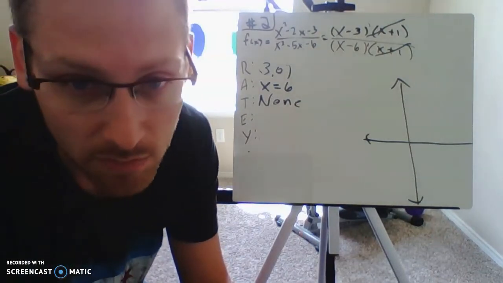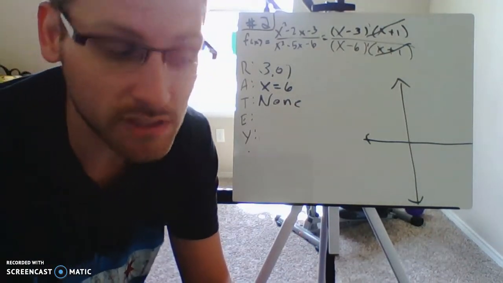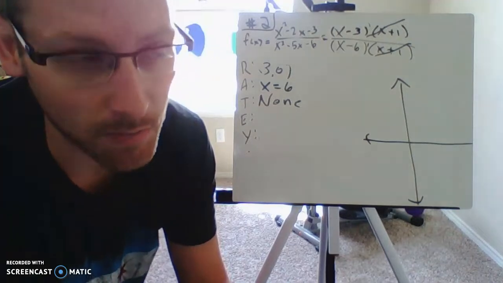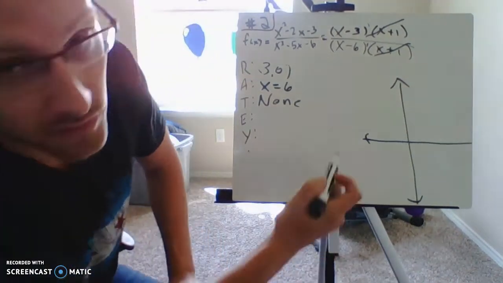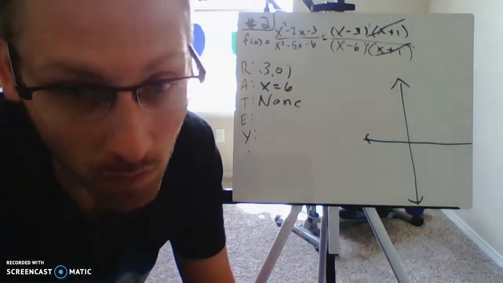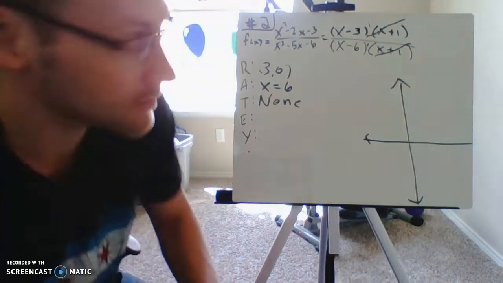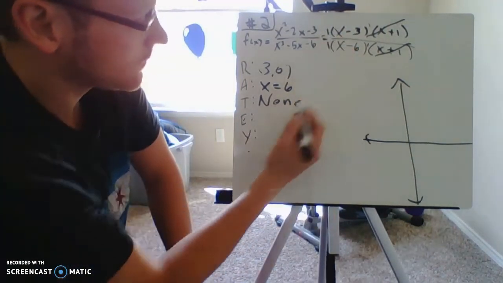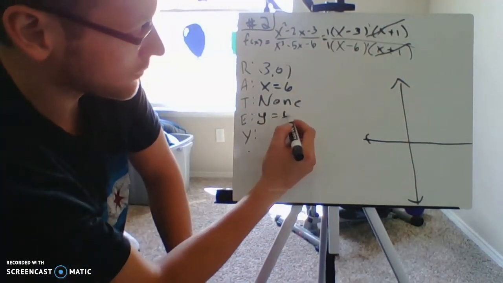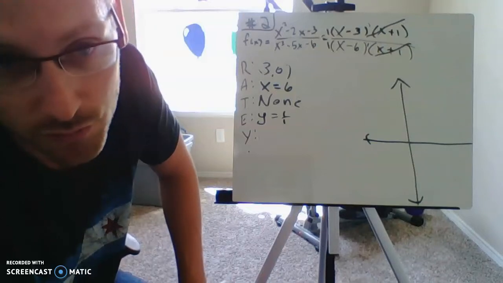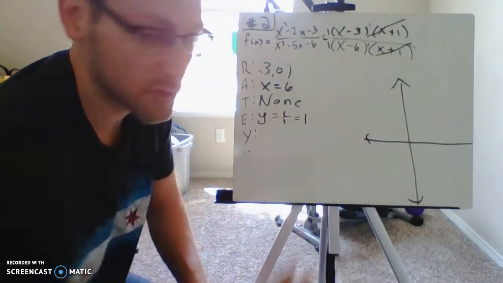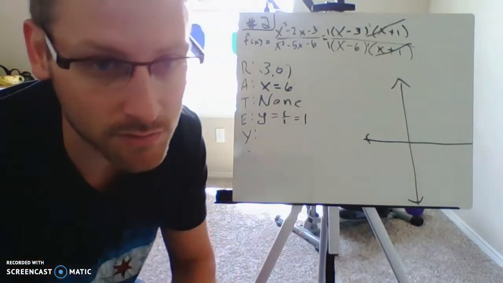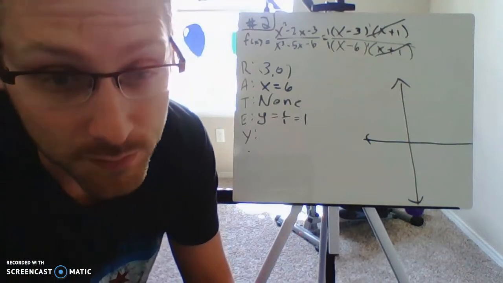And then E is end behavior. We compare the degree, which is the highest exponent in the top and the bottom. Both degrees after canceling is 1. They're equal, so we're going to divide the leading coefficients. That's a 1 and a 1. So we get y equals 1 over 1, which reduces to just 1. So that means we have an end behavior or horizontal asymptote at y equals 1.